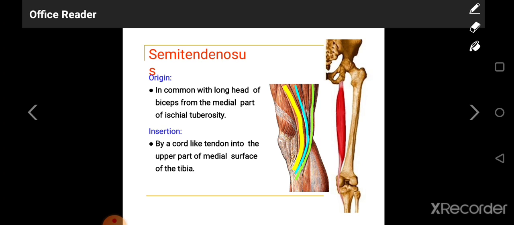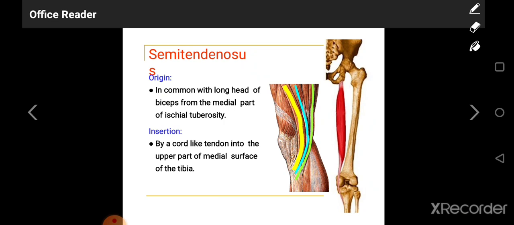Next we have semitendinosus muscle. Its origin is in common with the long head of biceps femoris from the medial part of the ischial tuberosity, and it is inserted by a cord-like tendon into the upper part of medial surface of the tibia. So on the medial surface of tibia we have insertion of three muscles.